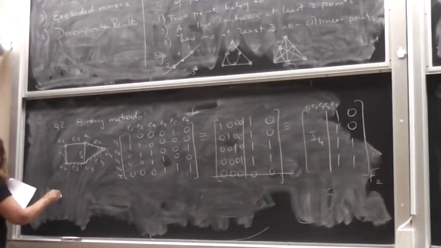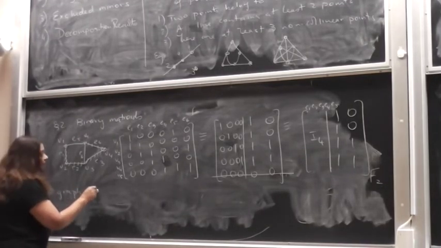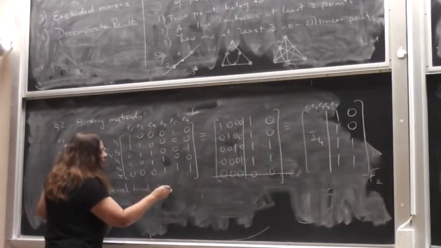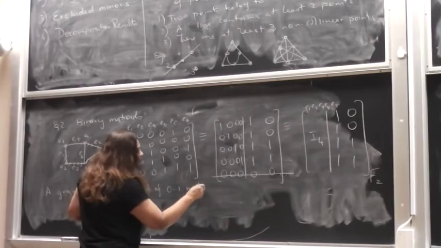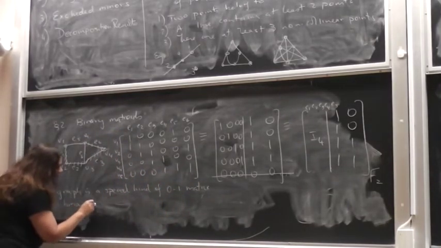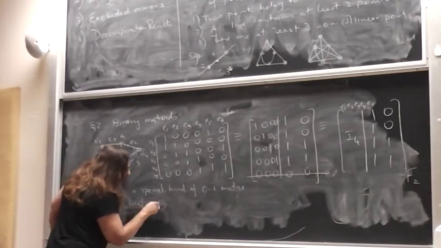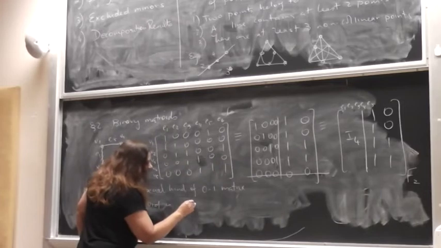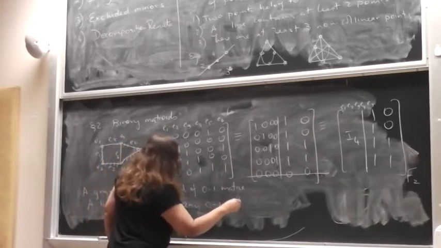So a graph is a special kind of 0-1 matrix. A binary matroid is any 0-1 matrix. That's it.